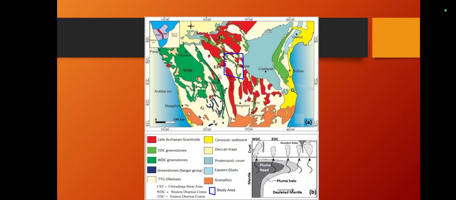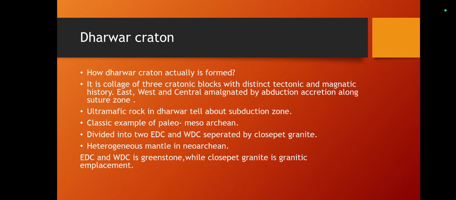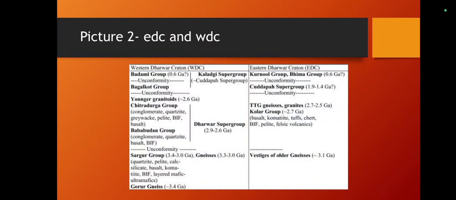I have not mentioned that particular name in my slide. So first the nucleus will form, then the accretion will happen, and then finally the stabilization. You can see my earlier video so that you can easily relate this Dharwar craton to that previous video, and you do not have to remember why the Neo-Archean has shown the heterogeneity. There is an ample amount of proof that heterogeneity is there.